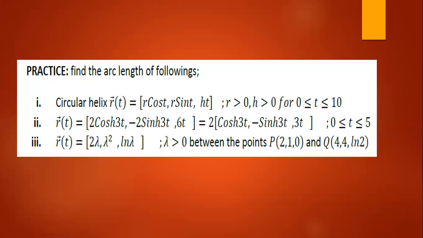Now we have three components, but no problem. It must be solved just like the previous question. And the third question is again the same: r of t is equal to 2 lambda, lambda squared, lambda, log of lambda, where lambda is greater than 0, between the points P(2, 1, 0) and Q(4, 4, log 2).